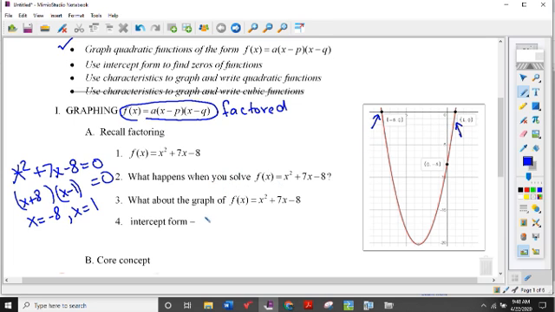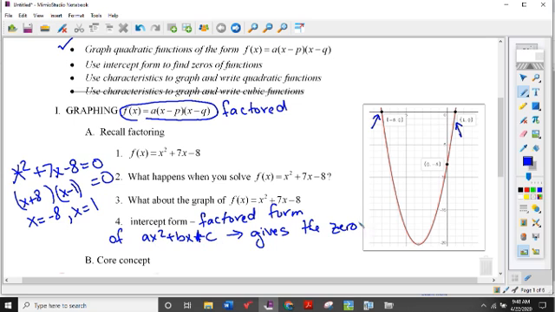So intercept form is actually the factored form of our quadratic equation. Okay, it gives the zeros or the solutions or the x-intercepts. Okay?